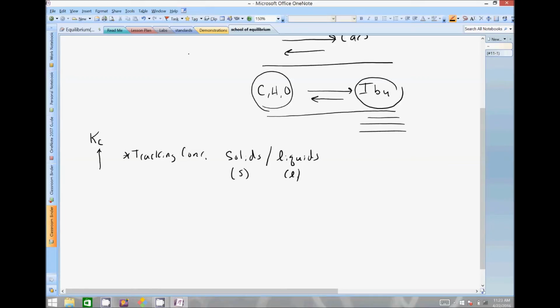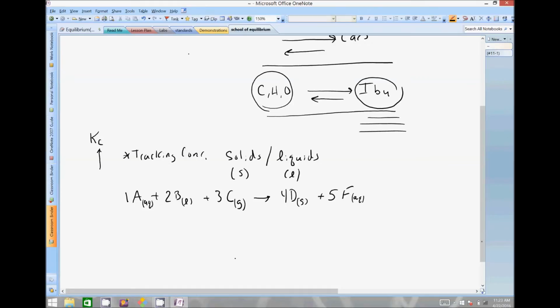So let's try out just a common example. Let's go 1A plus, and let's make this thing an aqueous compound, 2B, we'll make this guy a liquid, plus 3C, we'll make this a gas, goes to 4D, let's make this thing a solid, plus let's go with 5F, and let's make F another aqueous compound.